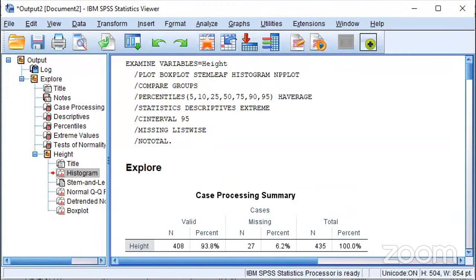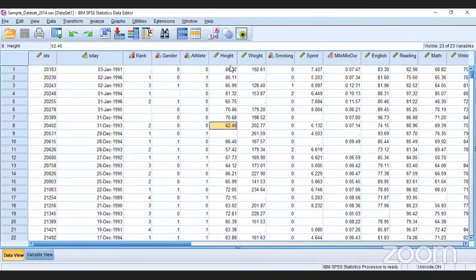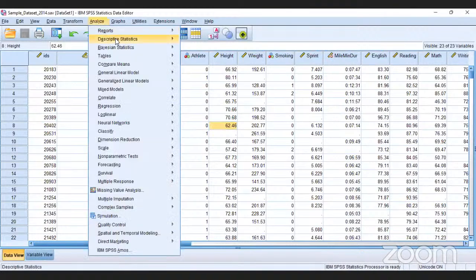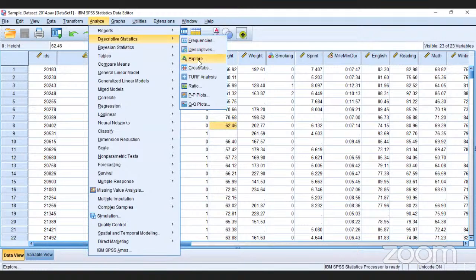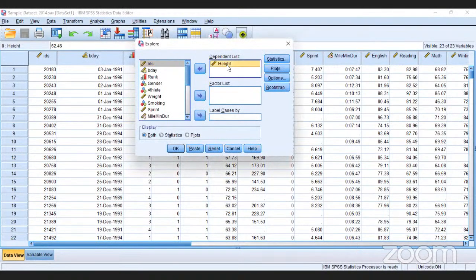And under explore now, we want to examine something taking into account our dependent variable or our factor. So we go to explore and we maintain our height. But the question we're asking is, does the height differ among men and women, right?